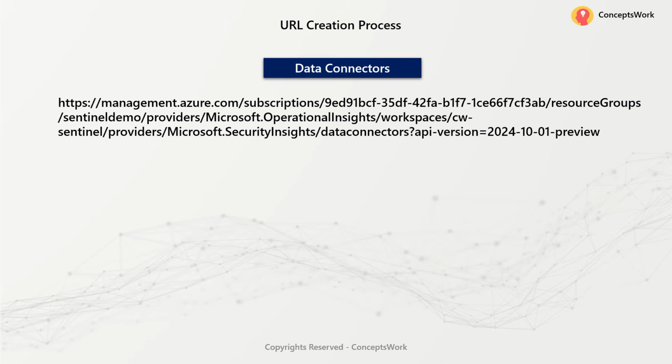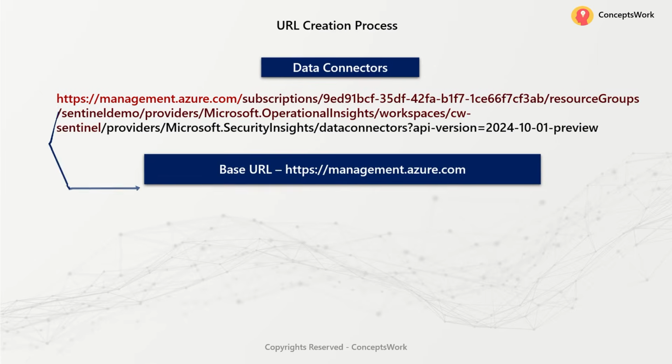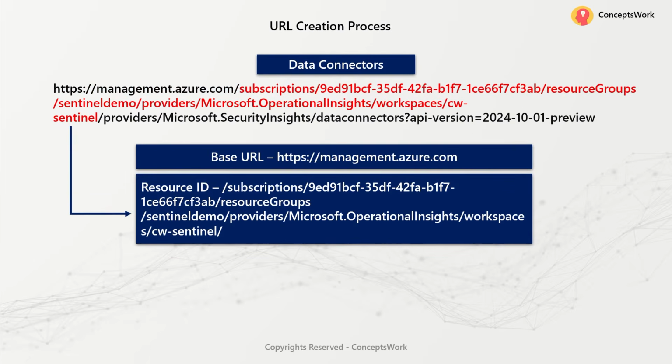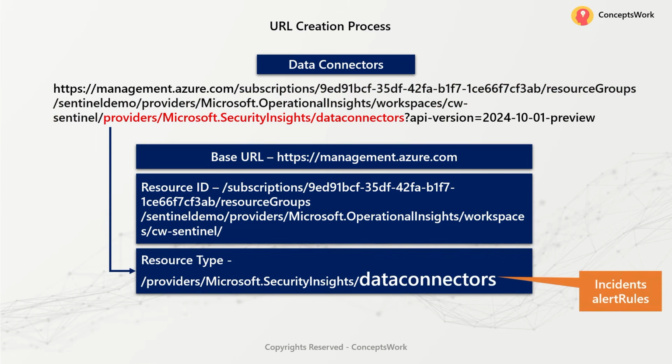In this case, the first section is the base URL, which will always remain the same, which is management.azure.com. Then the next section is the resource ID of the workspace where Sentinel is enabled. Then the resource type, where you will mention data connectors. Now this value of data connectors is changed as per the requirement.